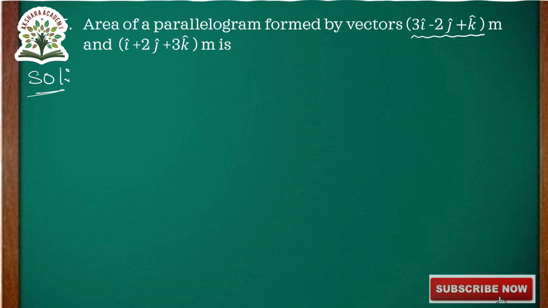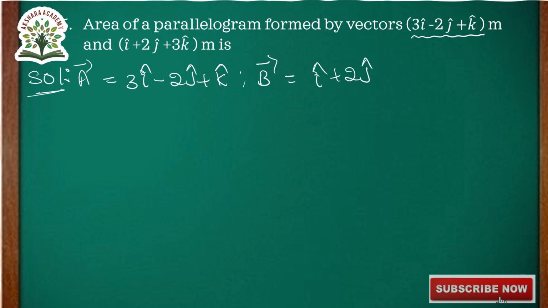Given here, we are assuming that one is a bar, the other is b bar. So a bar is equal to 3i cap minus 2j cap plus k cap, and b bar is equal to i cap plus 2j cap plus 3k cap.